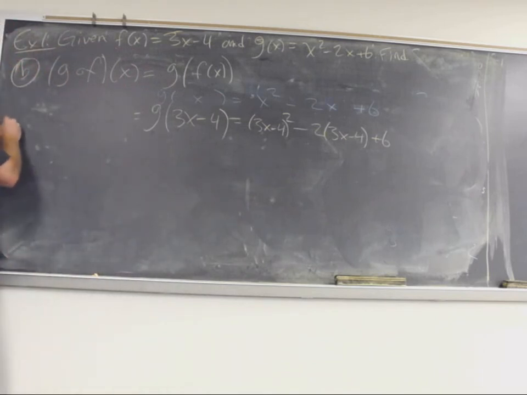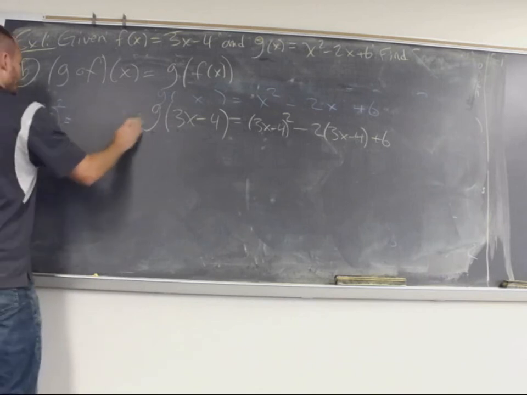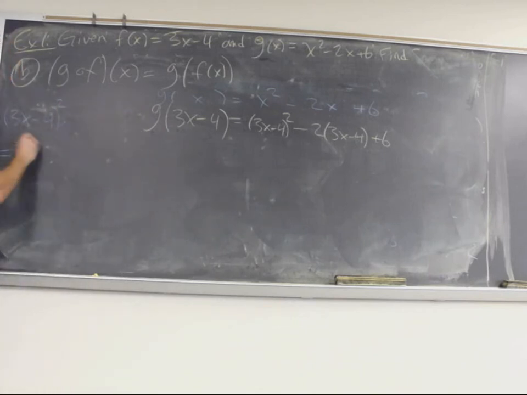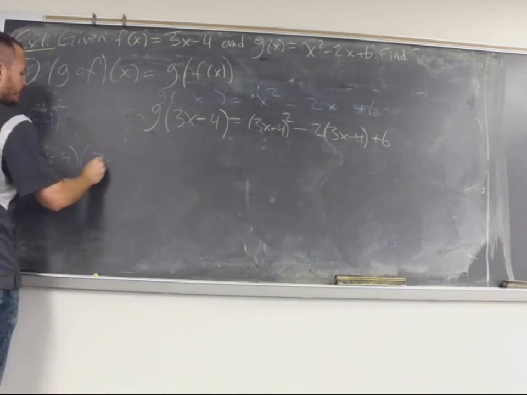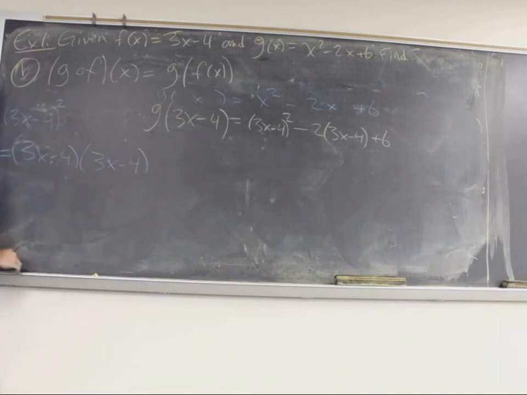So 3x minus 4 squared, what is that telling me to do? That's saying to multiply 3x minus 4 times itself, 2 times. So I need to write down here below it, 3x minus 4 times 3x minus 4. So you're multiplying these 2 things together.